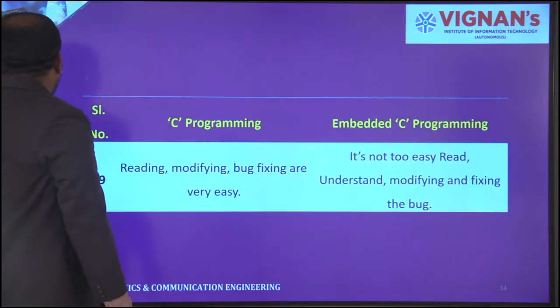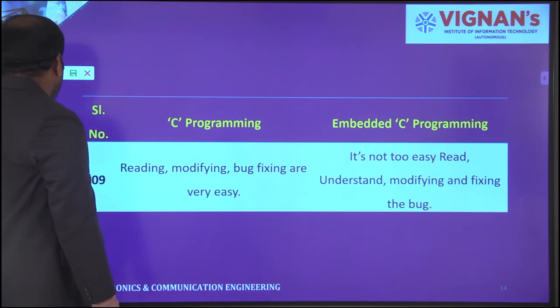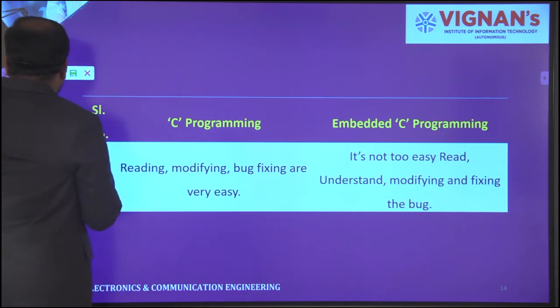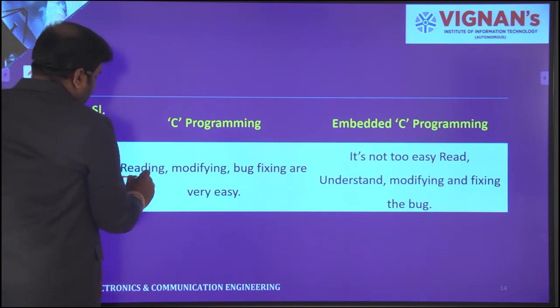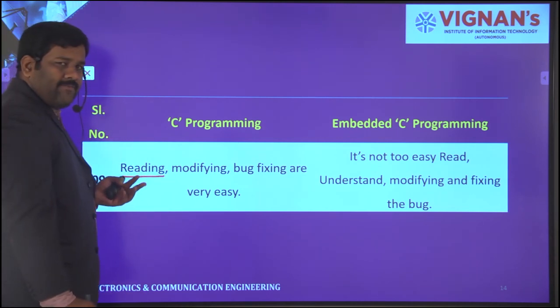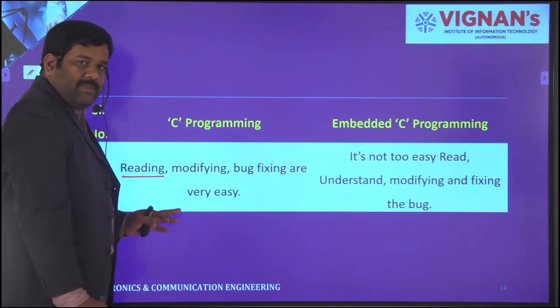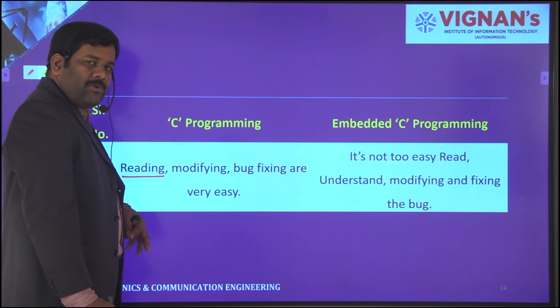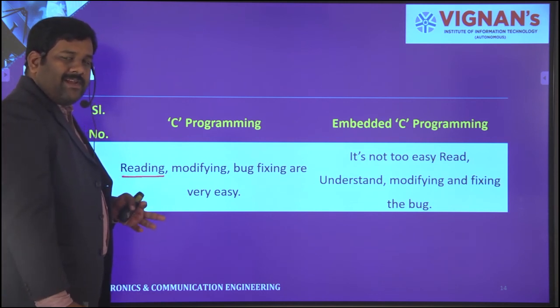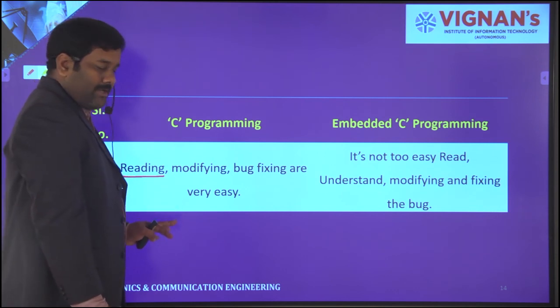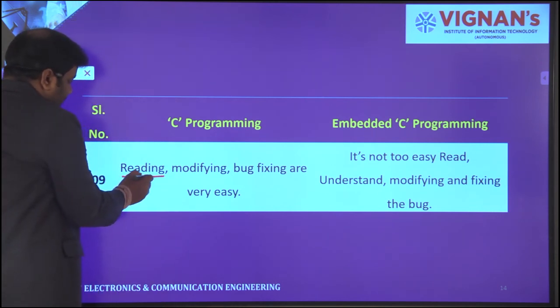The next one is, while using C language, reading, modifying and bug fixing are very easy. Why is it easy? All the functions available with C programming are standard ones. From day 1 of the program to day 100, 200, 300, even after 10 years, the statement seems to be the same. So reading is easy.